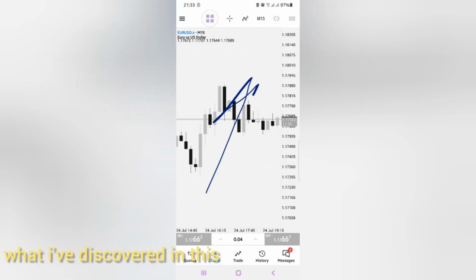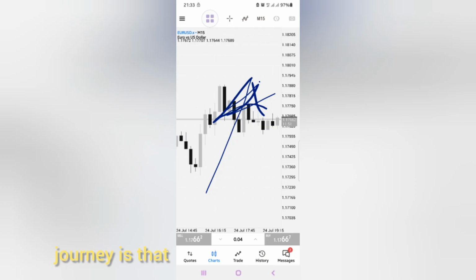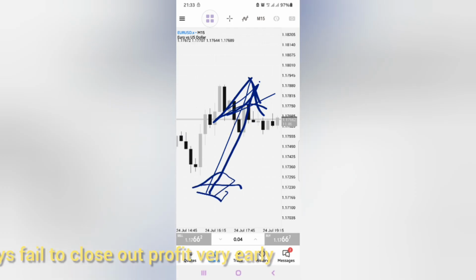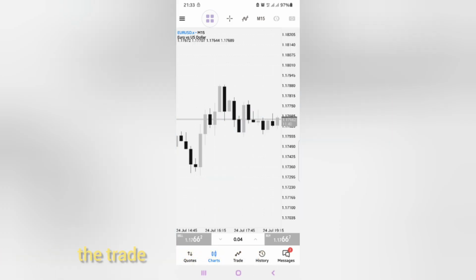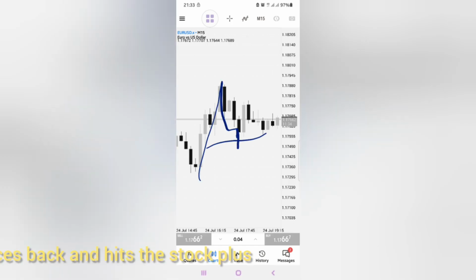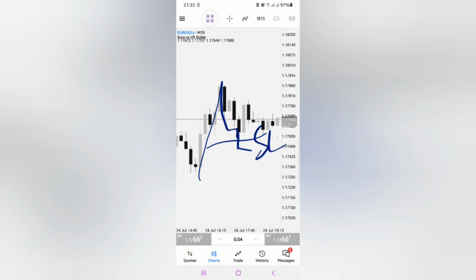What I've discovered in this journey is that I always fail to close out profits very early, and the trade retraces back and hits the stop loss, which I always trade.